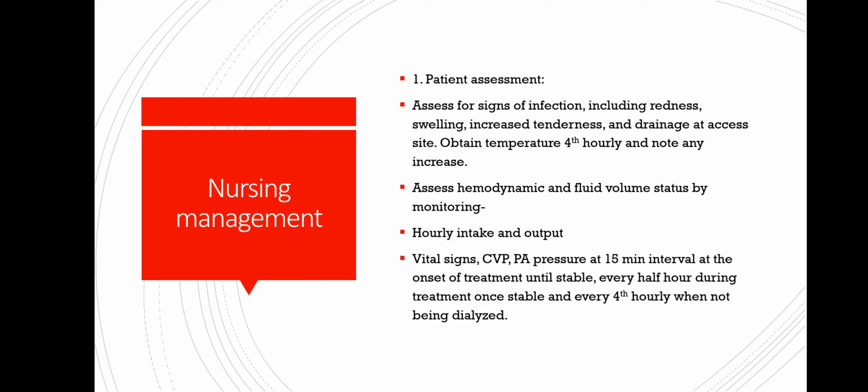Obtain temperature fourth hourly and note any increase. Monitor hourly intake and output. Check CVP and PA pressures at 15 minute intervals at the onset of treatment and until stable, every half hour during the treatment if unstable, and every fourth hour when stable on dialysis.